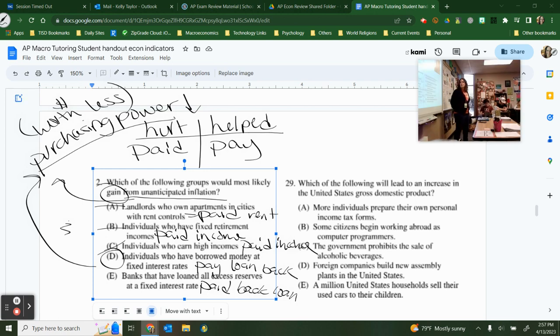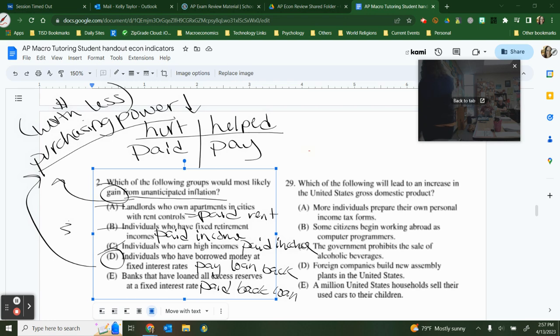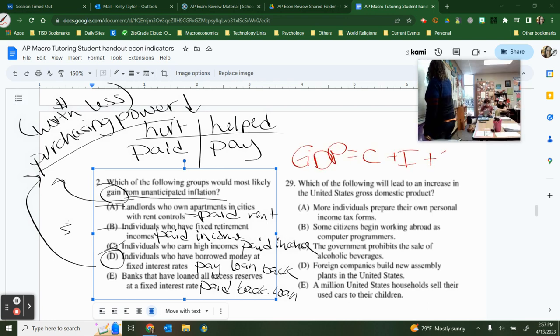All right. Question 29. Which of the following will lead to an increase in GDP? Why don't we just write out that GDP equation? Someone from the fall, tell me the GDP equation. C plus I. Wow, that was really confident. GDP is consumer spending plus investment spending plus government spending plus net exports. Net exports is exports minus imports.